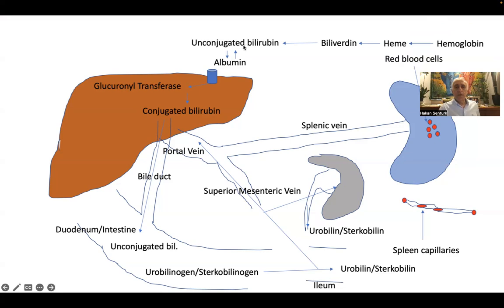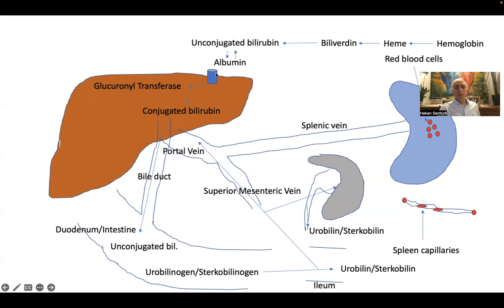In circulation, unconjugated bilirubin should be bound to albumin to be transported to the liver, because it is lipid soluble but not water soluble. So in the circulation, it should be bound to albumin to be carried to the liver.